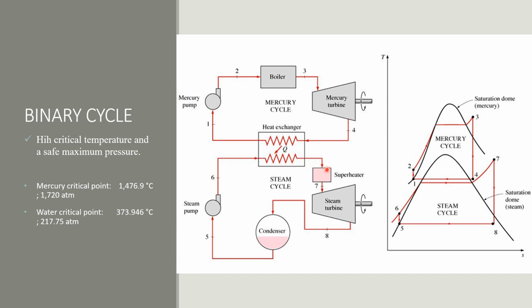We preheat the water and insert it into the boiler or the superheater, and we provide it to the steam turbine and get a work output. So the 4 to 1 process is our heat exchanger process, and we use the heat coming out of the mercury cycle to preheat the water coming from the pump to provide it into the boiler.